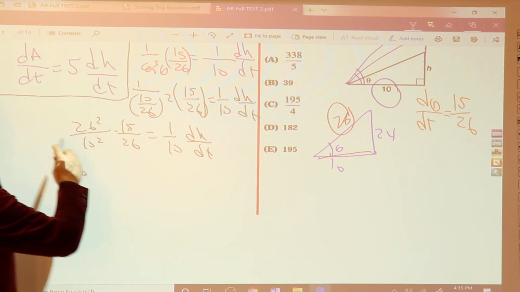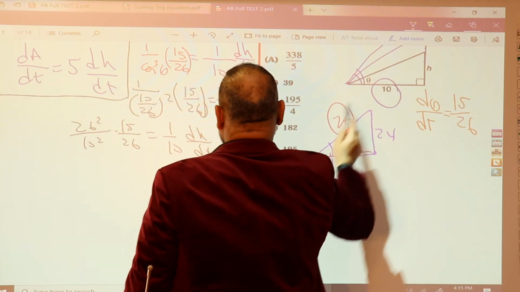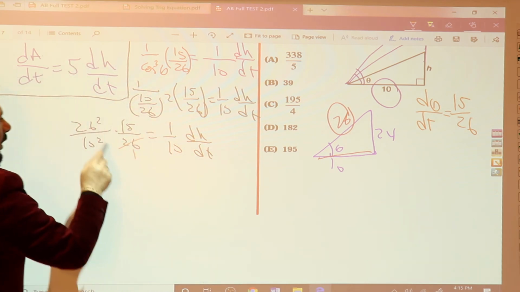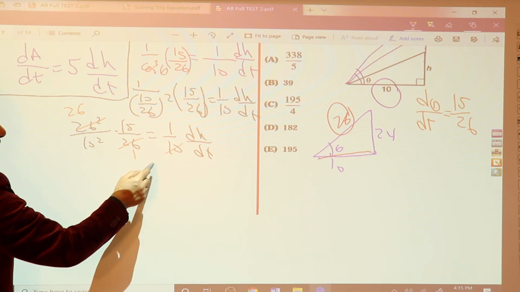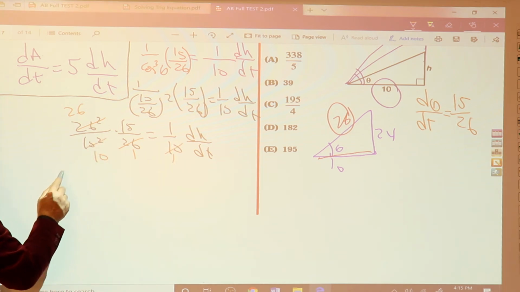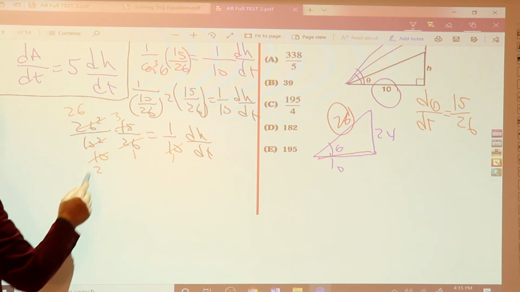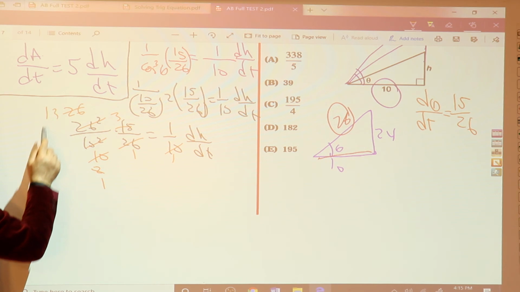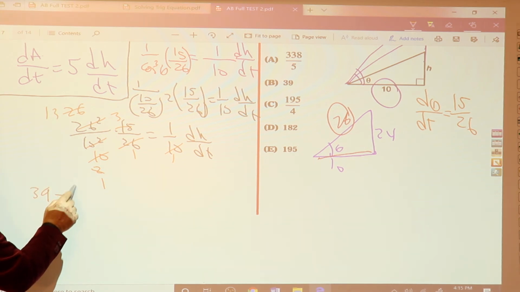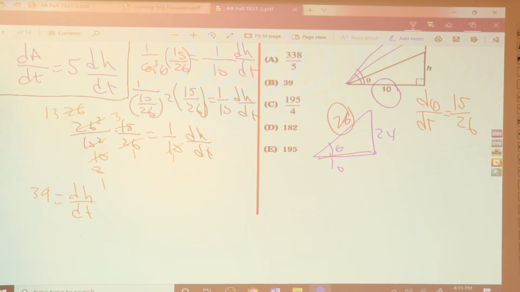Now look here, the numbers are built in a way to make it easy for you. This 26 cancels, and 5 goes into this 2, and this 3, and this is 1, and this is 30. Then 39 equals dh by dt, right?